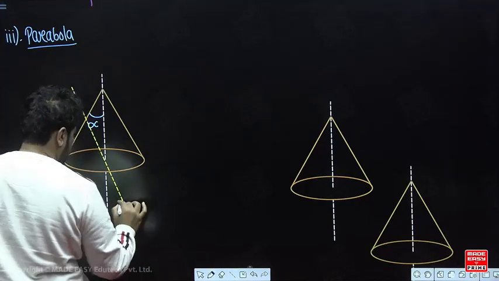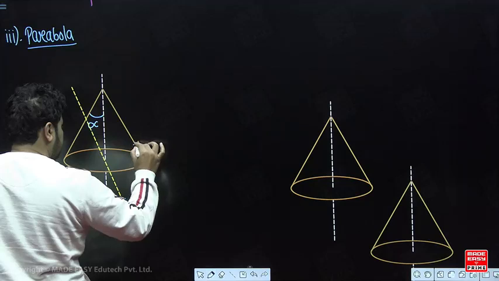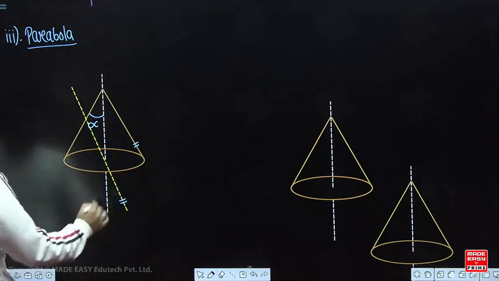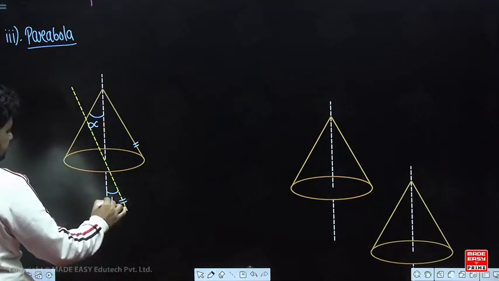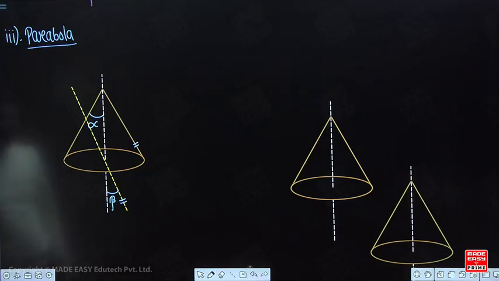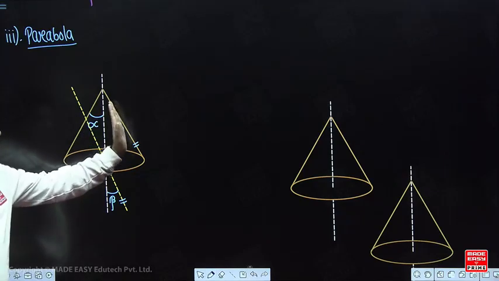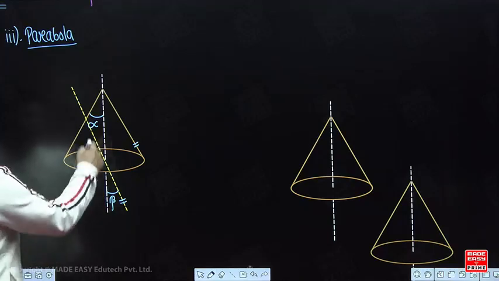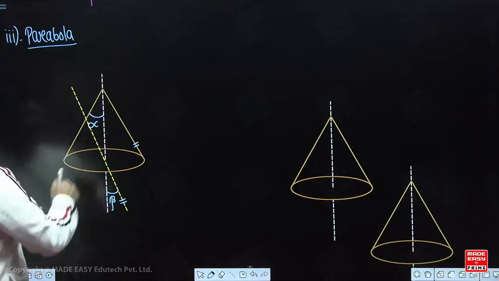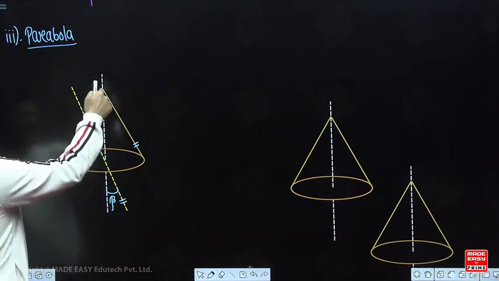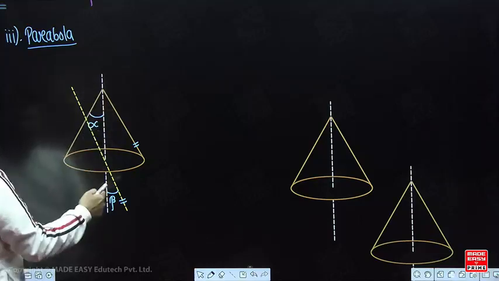That means this is parallel to one of the generators. So this angle, if I call it beta, beta and alpha will be the same, because if this is beta and I shift it, this beta and this alpha will be the same. Why? Because this alpha is the angle made by this generator and the axis.